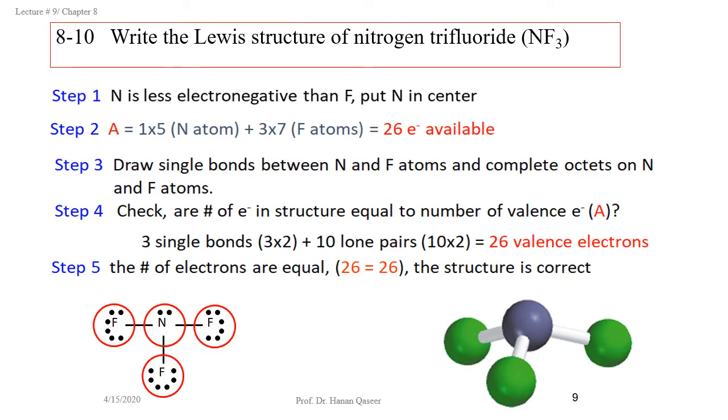Example here for NF3. Nitrogen is less electronegative than F. طبعا الN بنحطها في وين؟ في المركز. الآن الستيب الثاني بدنا نحسب التوتال فالنس إلكترون. نيتروجين from group 5 يعني عنده 5 إلكترونات في المدار الأخير، وعندك ذرة واحدة، 1 في 5 زائد الأف من المجموعة السابعة، وعندك في هذا المولكيول 3 أف، إذا 3 في 7، 3 في 7 21 زائد 5 26 إلكترون available. هذول التوتال.